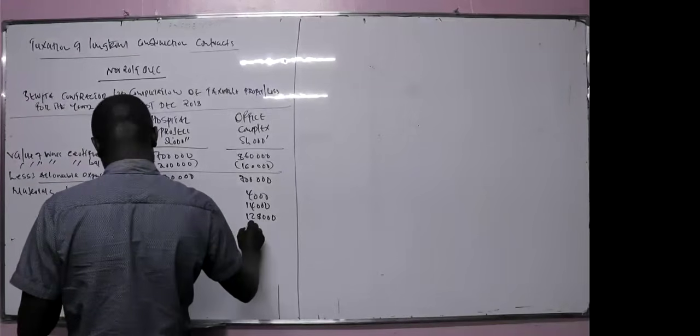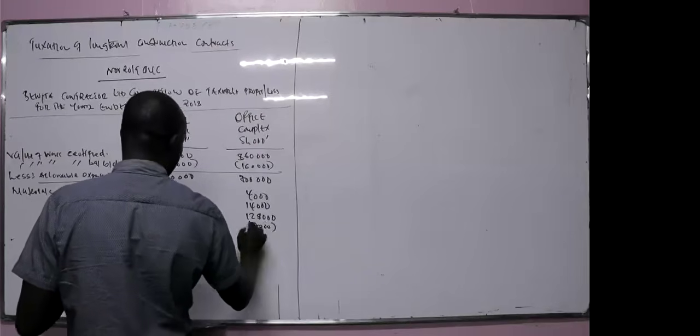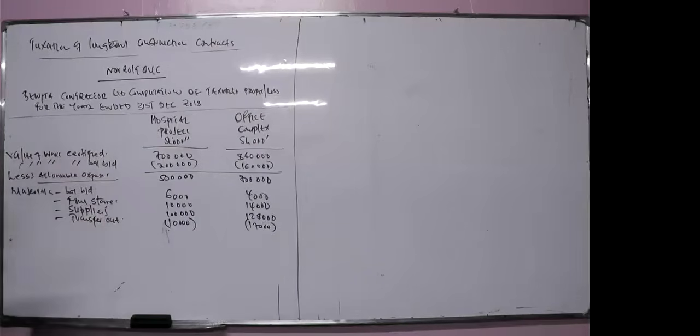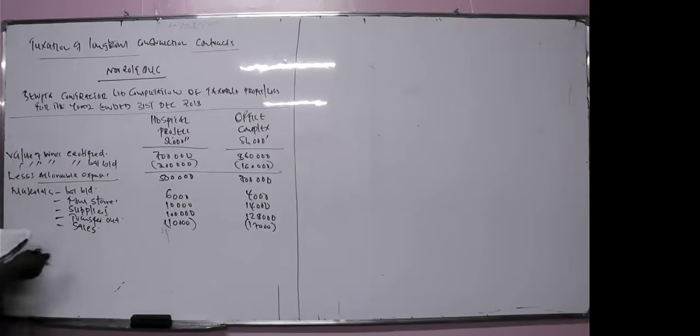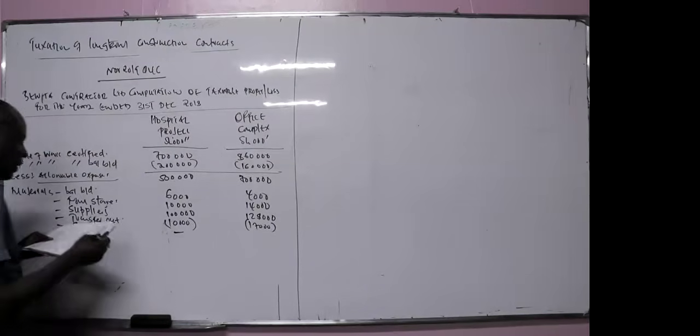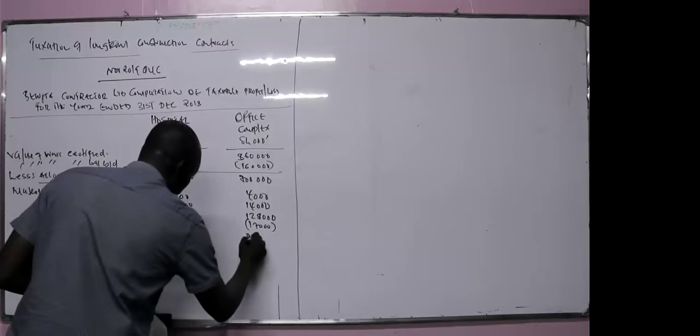17. This is 17, so we deduct 17,000. Then we have material. We have sales, upper, dash, and the other one, 22.